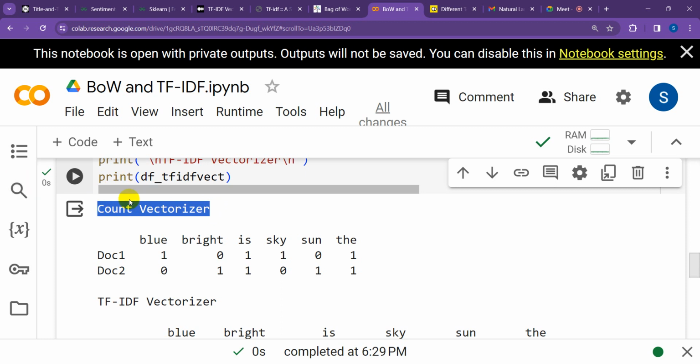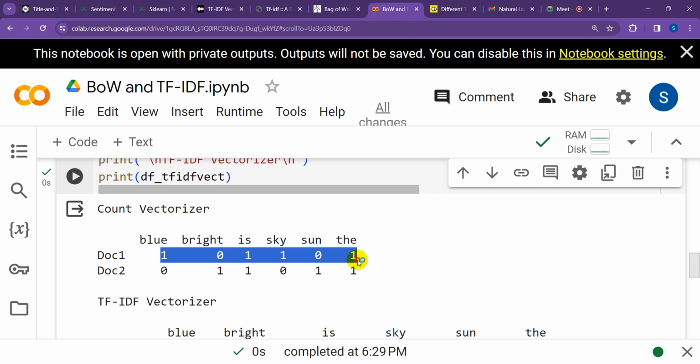Actually, this is the name of the package and the tools that will help you compute the bag of words representation. If you calculate it manually, it will come out the same. Is that okay? Does that answer your question?